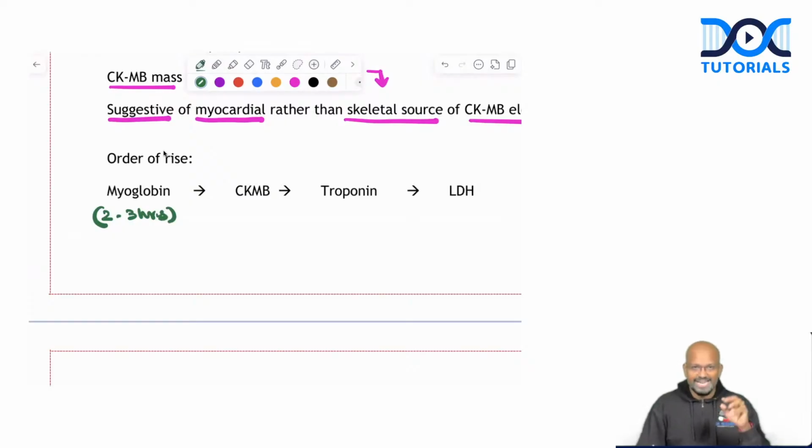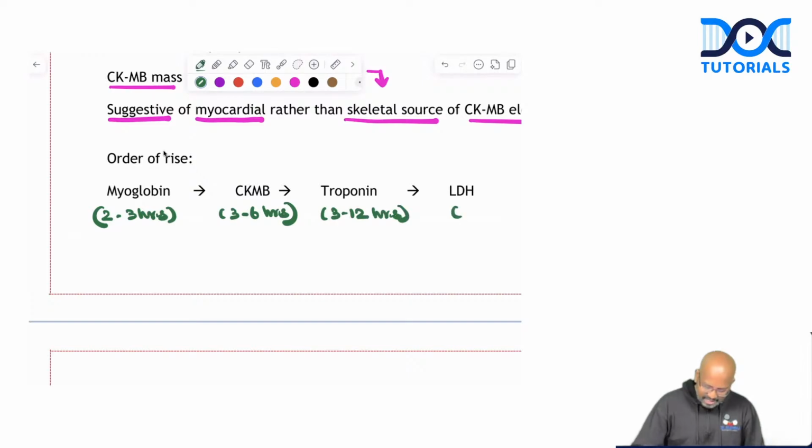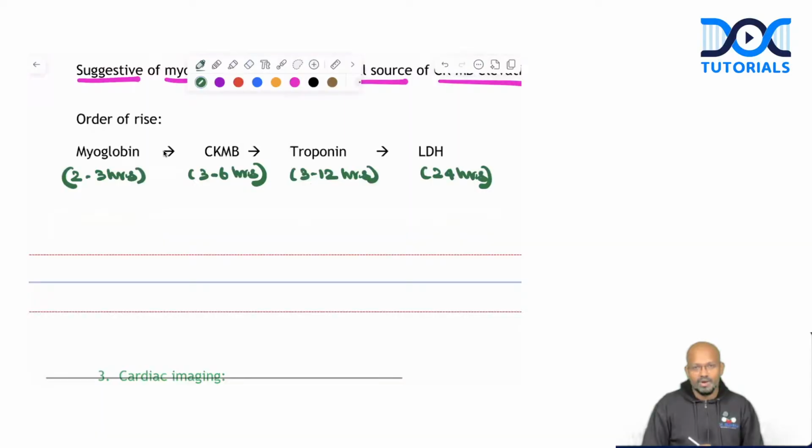CK-MB levels will start to rise within 3 to 6 hours. Troponin levels will start to rise within 3 to 12 hours, whereas LDH levels will start to rise within 24 hours. Here we have 2 important points to note: the first one is myoglobin, and the last one is LDH.